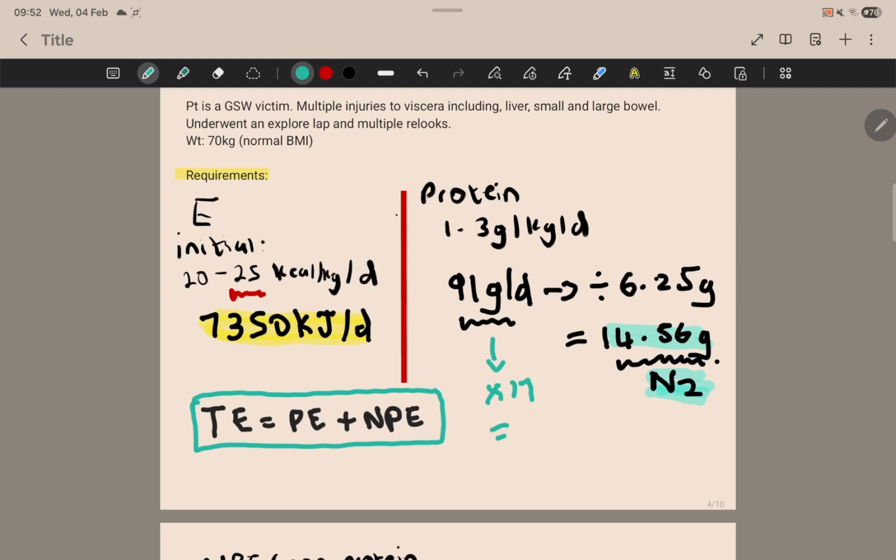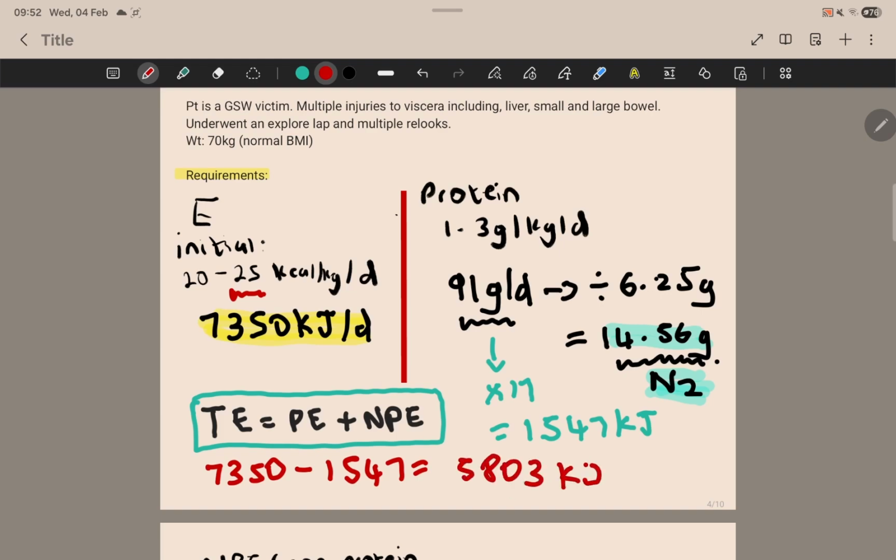That's 1547 kilojoules. If we take our total energy, 7350, and subtract the protein energy from that, we get 5803 kilojoules. That's going to be your non-protein energy.